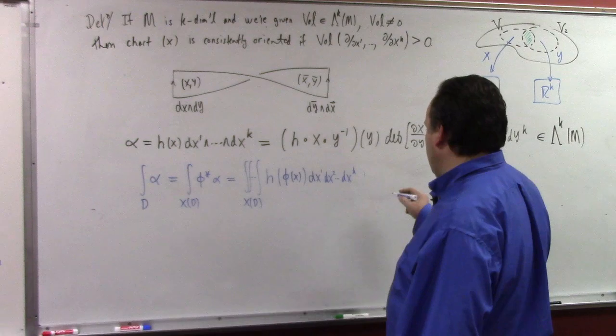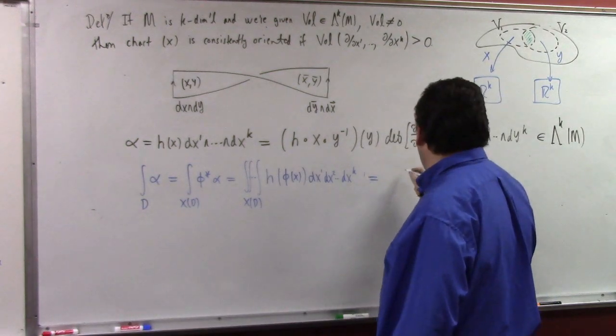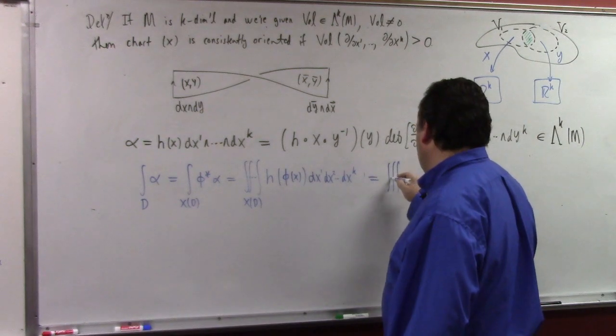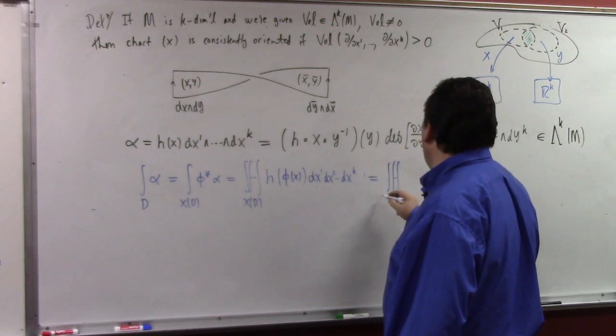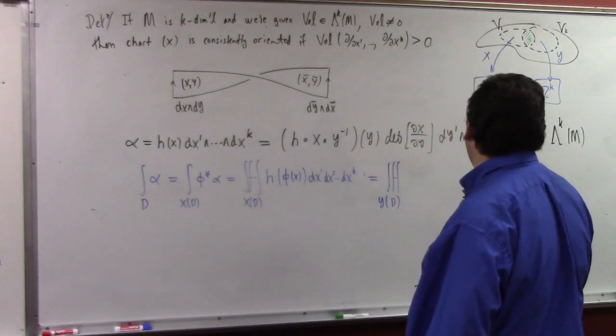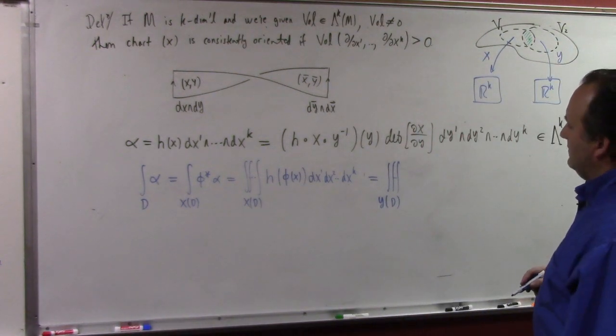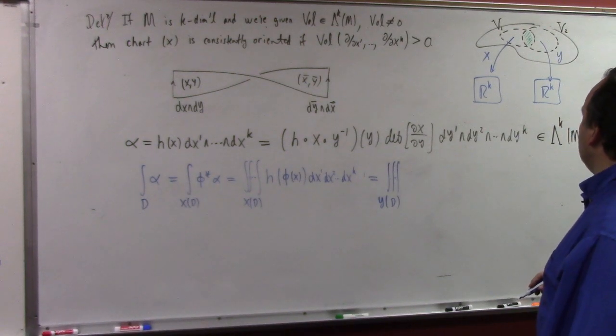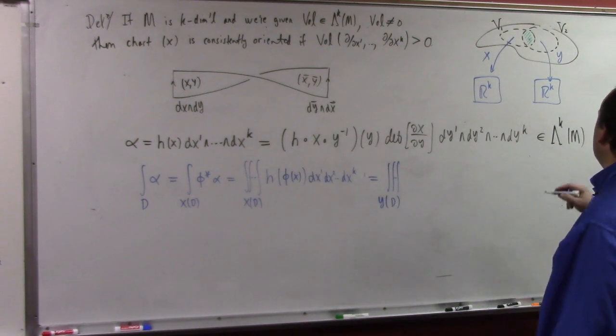But you could also calculate that as the k-fold integral of y of D, right? I guess it wouldn't be y of D, it would be... let me think about this.